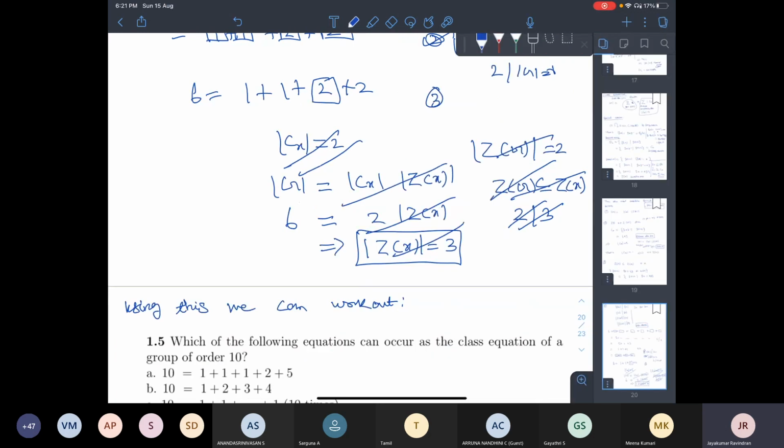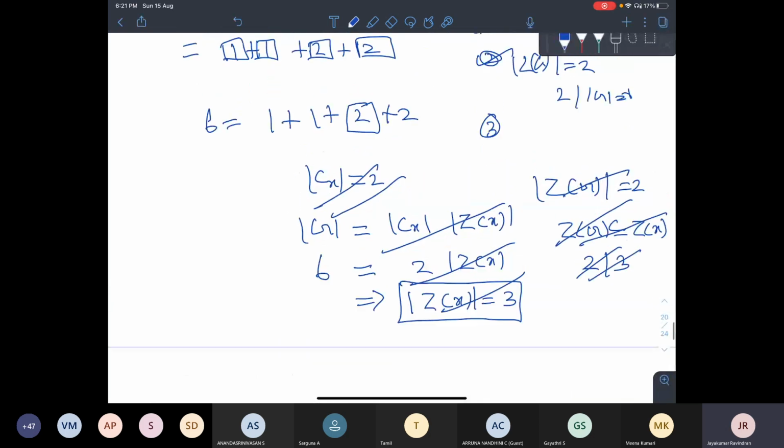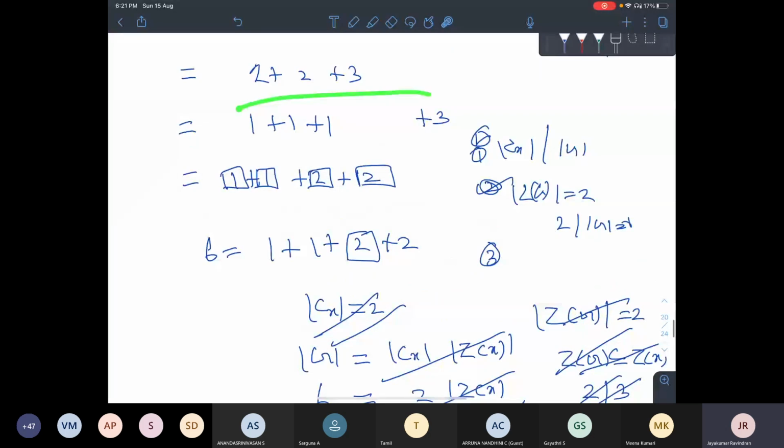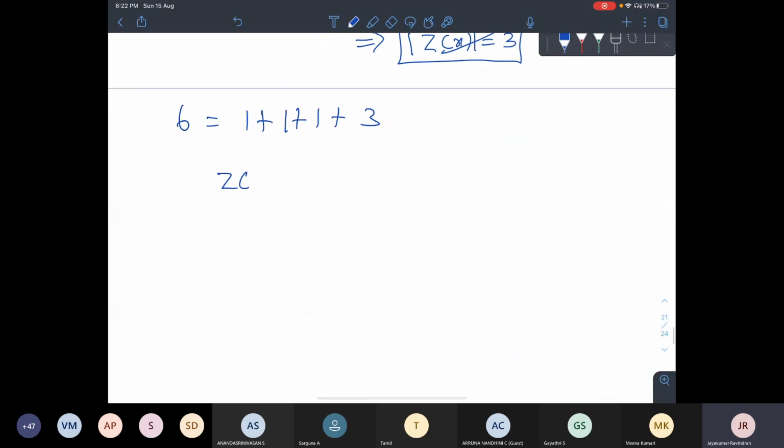That's why this is not possible. This idea also repeats. I will explain, don't worry. If somebody asks you whether this is possible or not, let me say 6 equals 1 plus 1 plus 1 plus 3. Somebody asks whether this is a possible class equation. Each of the terms divides, that's okay. What is the center of G?